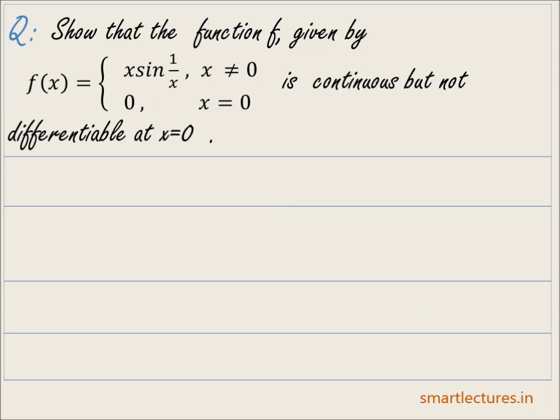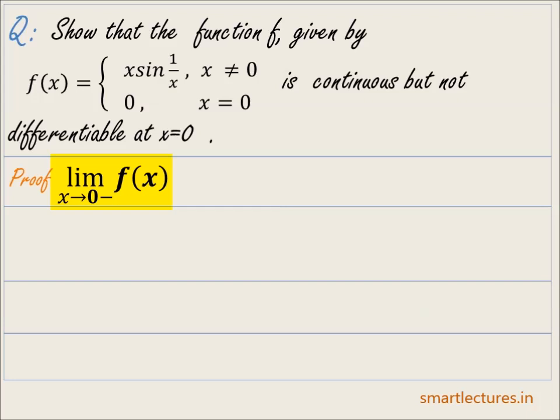And now let's calculate its left hand limit. Now left hand limit at x equal to 0 is equal to limit x approaches 0 from the left hand side f of x, and if we write x as equal to 0 minus h, now when x approaches 0, then h will also approach 0.